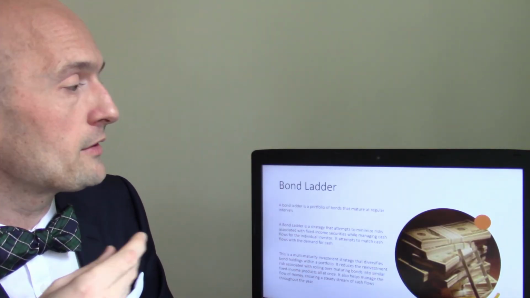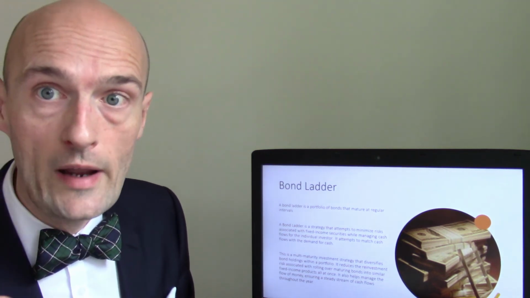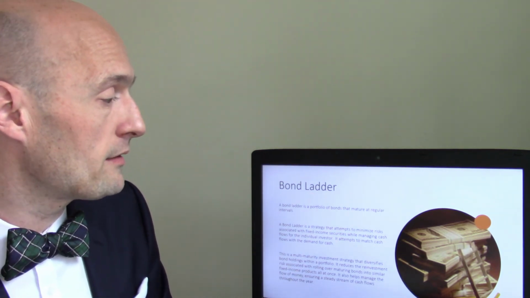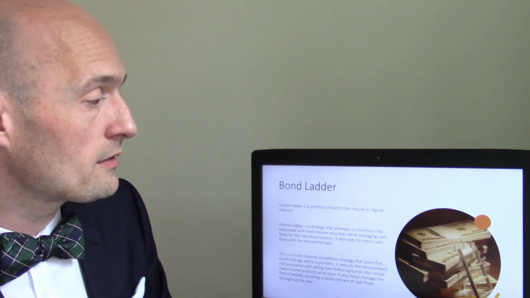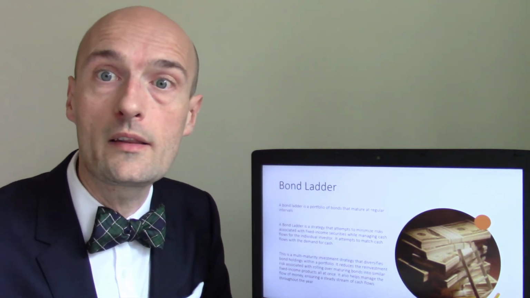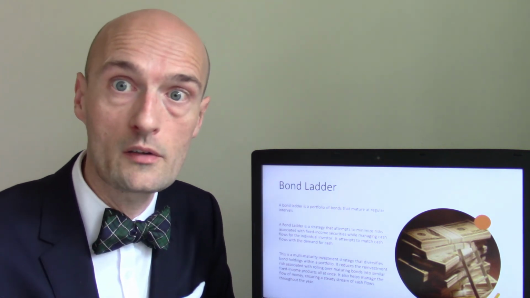A bond ladder is a portfolio of bonds that mature at regular intervals. That attempts to minimize the risks associated with bonds while managing cash flows for the investor. So a wealthy investor might have a portfolio manager who puts them in a bond ladder.